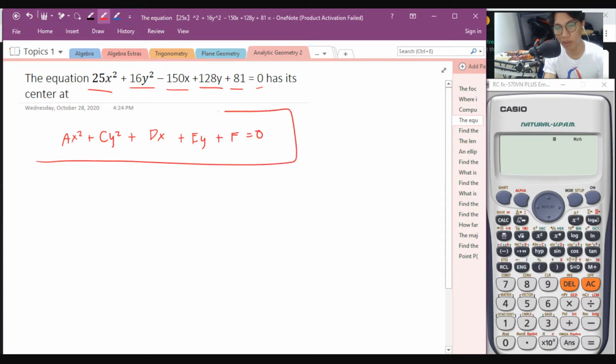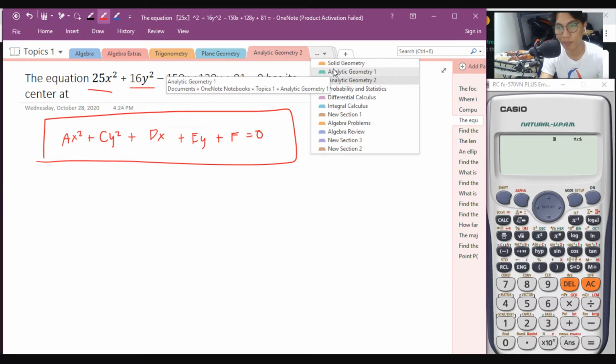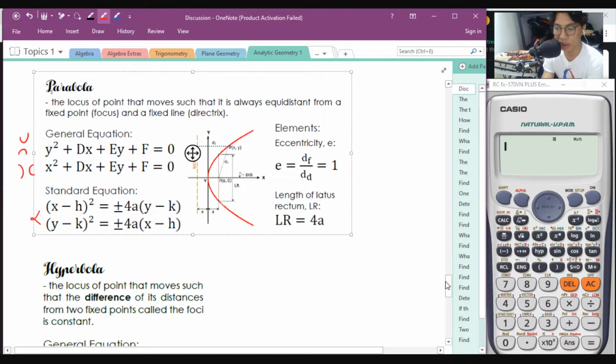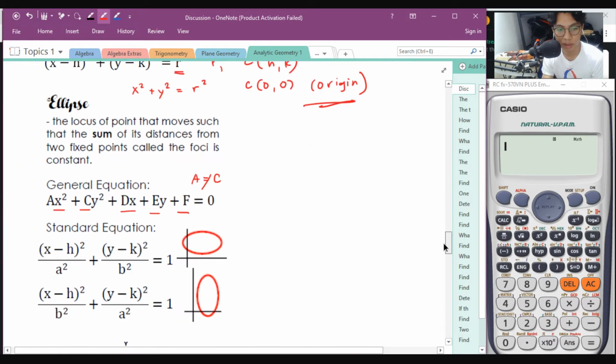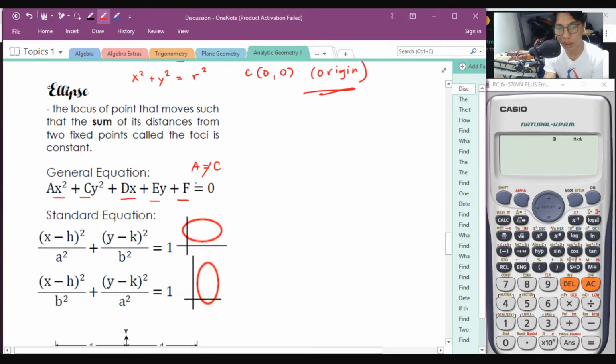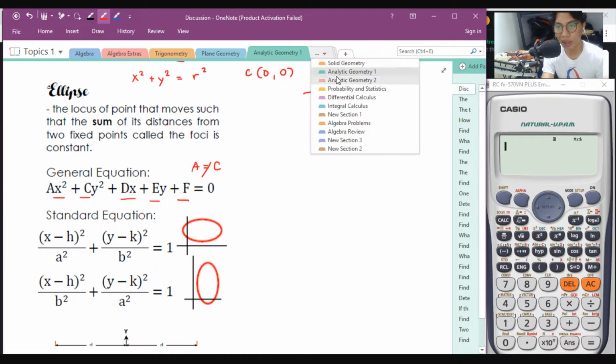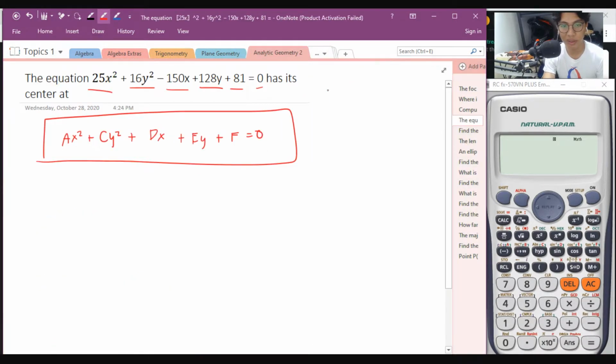Pag y squared, that is c. Anong figure to? Tingnan natin kung nasaan siya. Ayun oh. It is an ellipse. Therefore, it is an ellipse. So, we have an ellipse there.